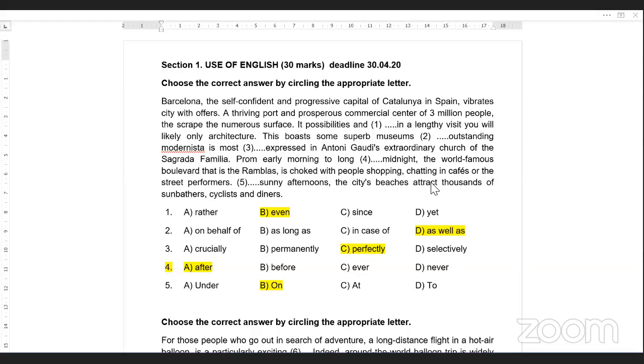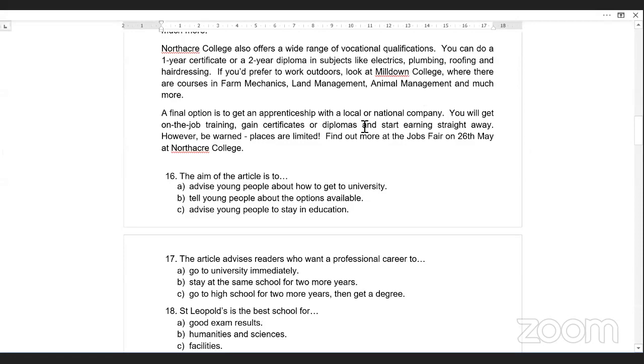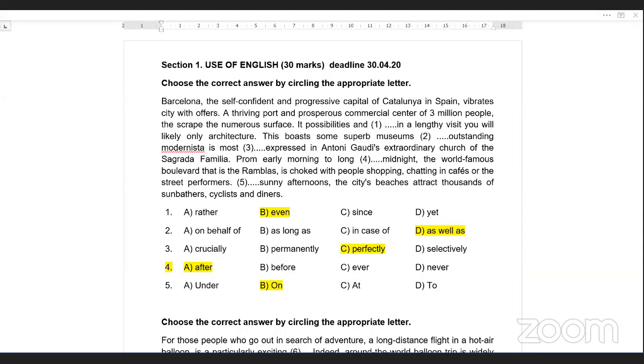Am I right? Yes. And till 30th, you have to send me this file with readings, with writing. You send it to the group? To the group, to me, it doesn't matter. If you send it to the group, others may copy and I don't want it. So it would be better if you send it to me, this file, with answers. But without answers, I will send it to the group. Okay, deadline 30th. After 30th, I will not accept it. Answers will be published after 30th.